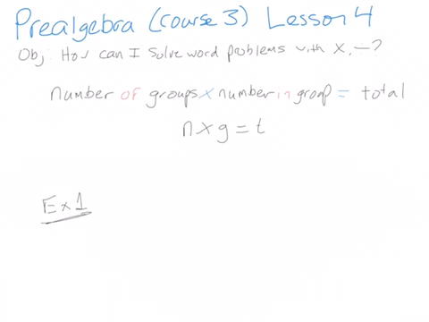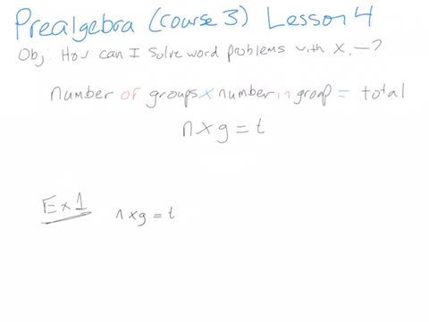So let's look at example 1 real quick. It says, in the auditorium, the chairs were arranged in rows with 15 chairs in each row. There were 360 chairs. How many rows of chairs were there? So we're going to use the same equation. N times G is equal to T. Well, it said 15 chairs in each row.